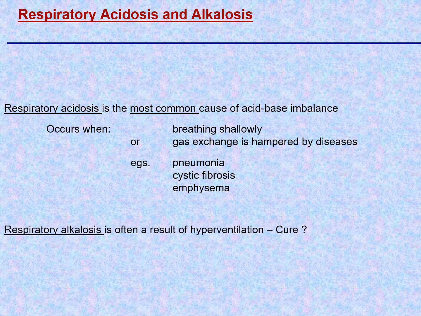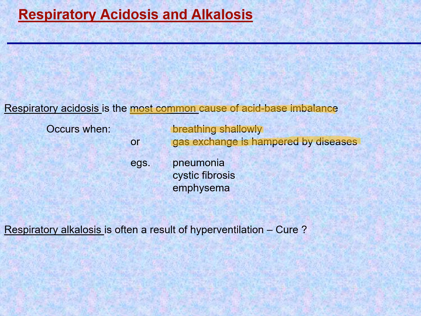In fact, respiratory acidosis is the most common cause of acid-base imbalance. It occurs typically when breathing is too shallow. In other words, the person's not ventilating their lungs appropriately, and or gas exchange is hampered by disease.